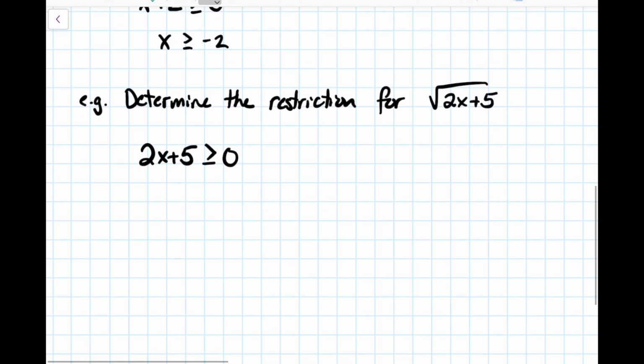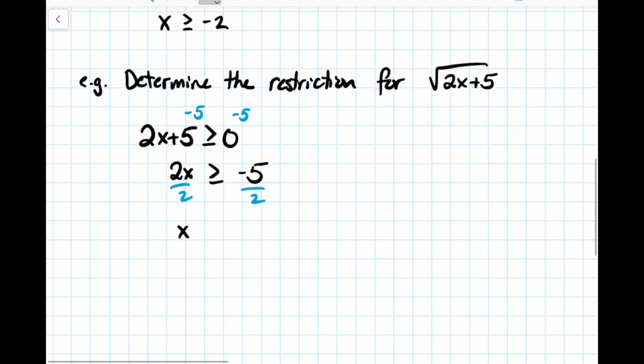So remember, when you're solving, you want to deal with adding and subtracting first. So we're going to start by getting rid of that 5. Which is going to get me 2x is greater than or equal to negative 5. And then we just divide by 2. And so x is greater than or equal to negative 5 over 2.